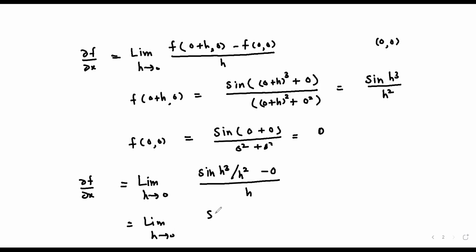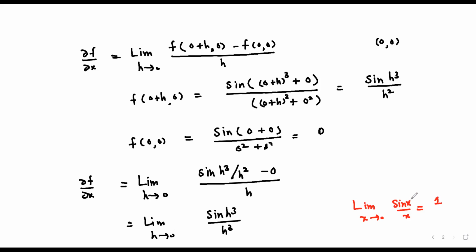Now we can write this as sine of h cubed divided by h cubed. Okay students, you know that we have a formula in the limits chapter: the limit as x approaches 0 of sine of x over x is equal to 1.